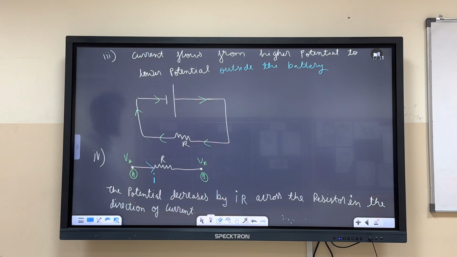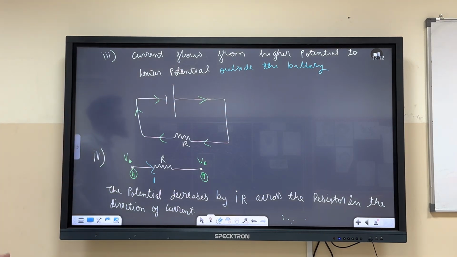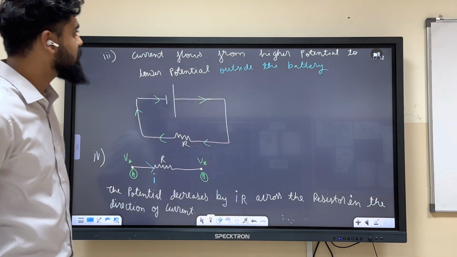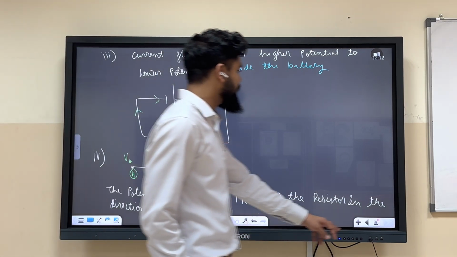These are the few rules that if we are able to understand it, then we can move on to the next topic, which is Kirchhoff's law. Okay, otherwise we cannot just touch that topic. Okay, so quickly revising all this thing.